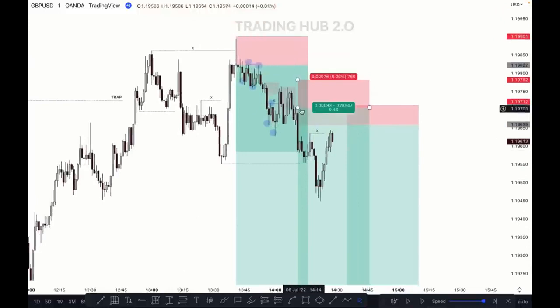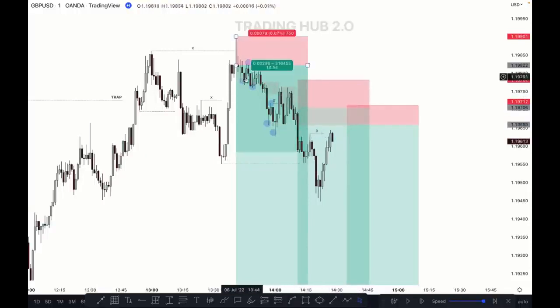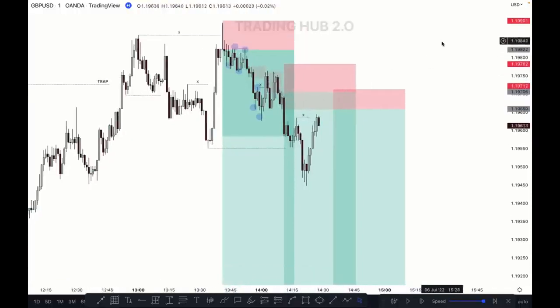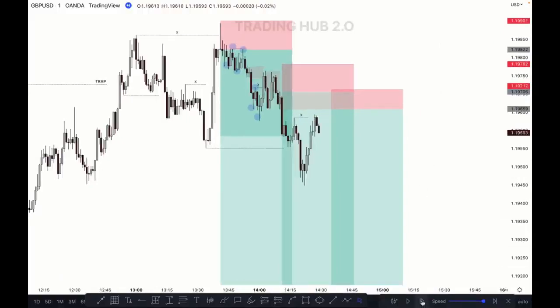Why I'm selling here? Because above this there is not any unmitigated order block. Okay, price already mitigate this inducement, and this is our engineering liquidity, you can say, because above this there is nothing unmitigated here. Okay, so let's see what happened next.